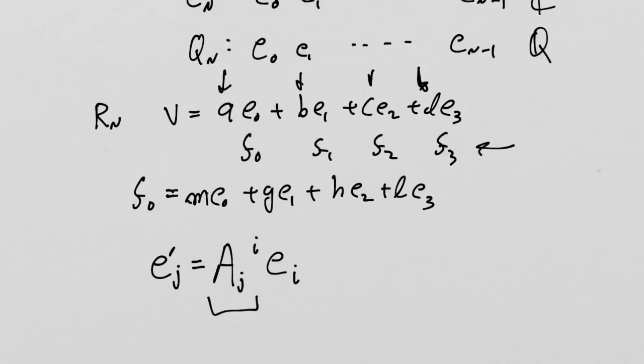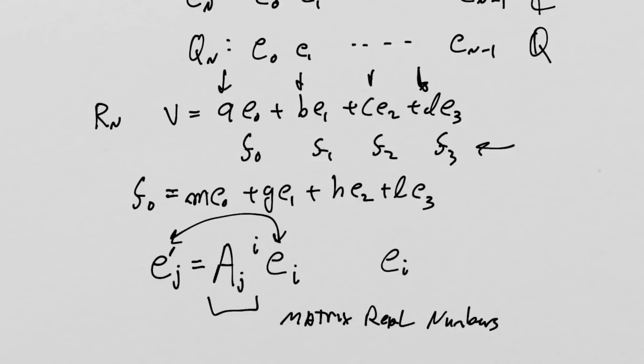And this is a matrix of real numbers, right? And it's important that the matrix is non-singular, so this is an invertible matrix of real numbers. You should be able to go between both of these basis vectors by using the inverse matrix.